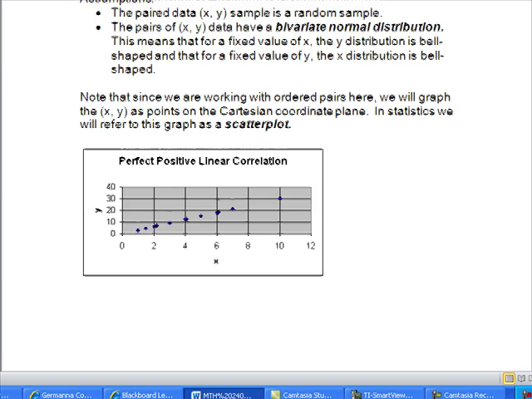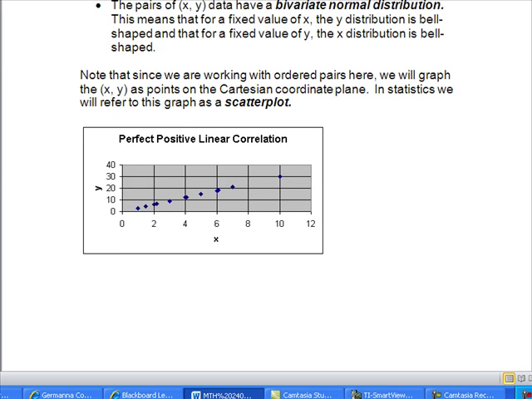First we want to look at some different scatter plots showing different kinds of correlation. As we look at this scatter plot, we'll notice that the points pretty much fall in a straight line. If they fall in a straight line, we have what is called perfect linear correlation.